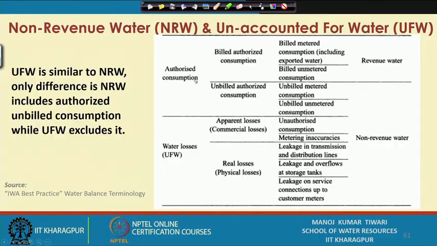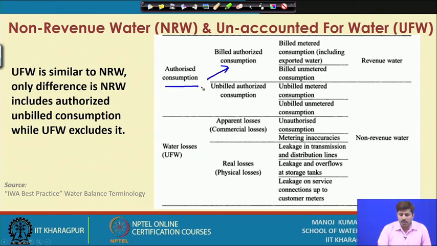Again, they say almost the same thing which we were discussing earlier. There would be authorized consumption which could be billed or unbilled. Now, the billed authorized consumption could be either from metered or unmetered connections.